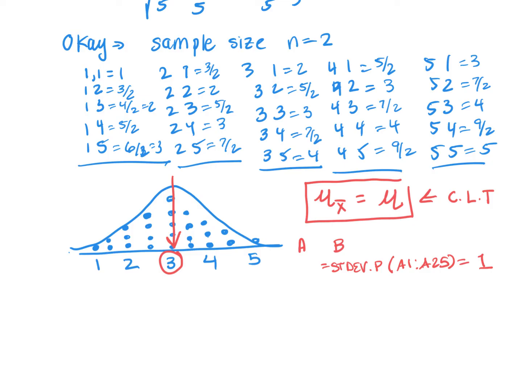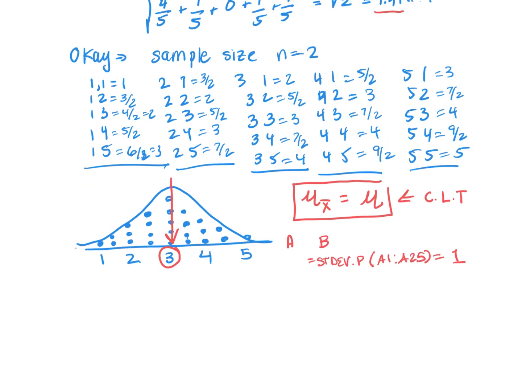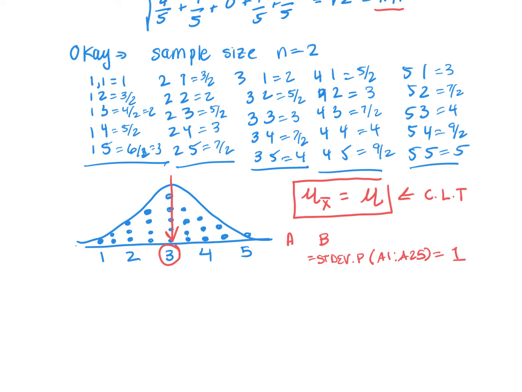Now, what's really interesting about this is that you'll notice that the standard deviation decreased. It went from 1.41, the square root of 2, to 1. So if you look at this, what is 1? Well, the 1 is the square root of 2 over the square root of 2. That's equal to 1. And this is our standard deviation from our original population, and this is our sample size.